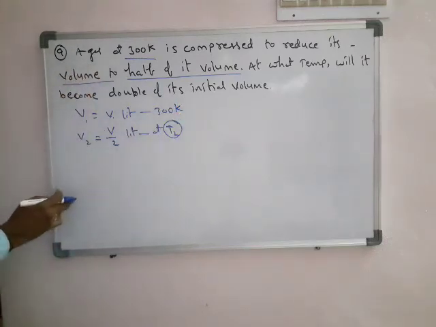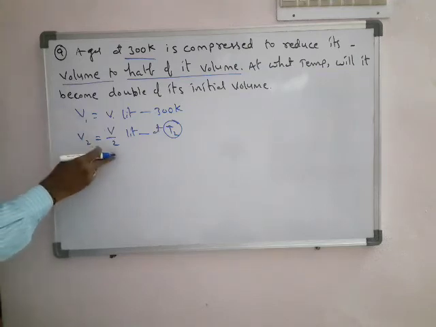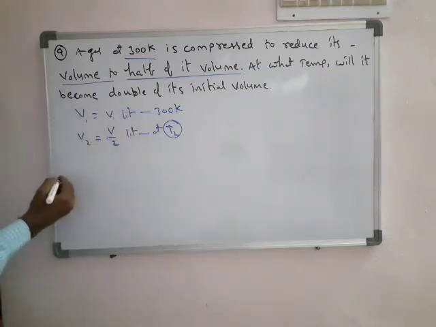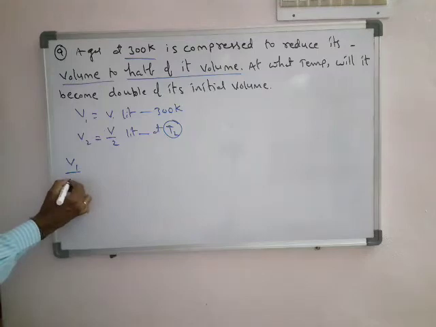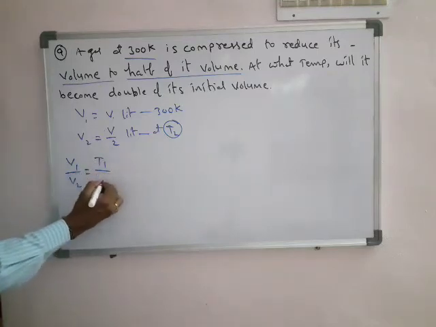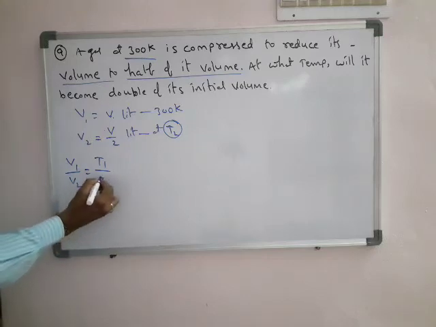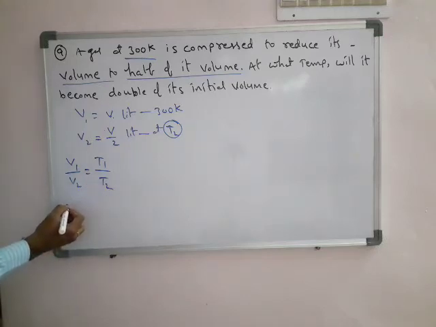Exactly, the given information goes in the formula. We know V and T, so what is the relation? Charles law. V is proportional to T, so we can write V1 by V2 is equal to T1 by T2.